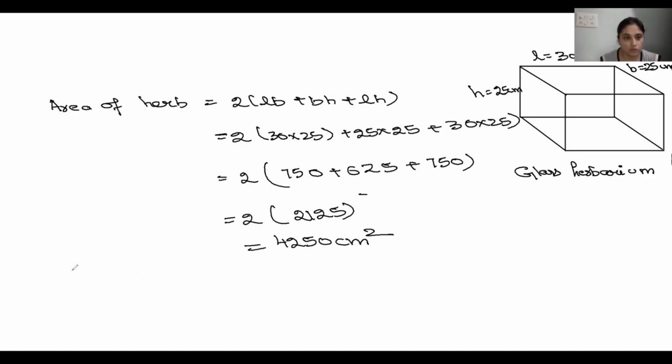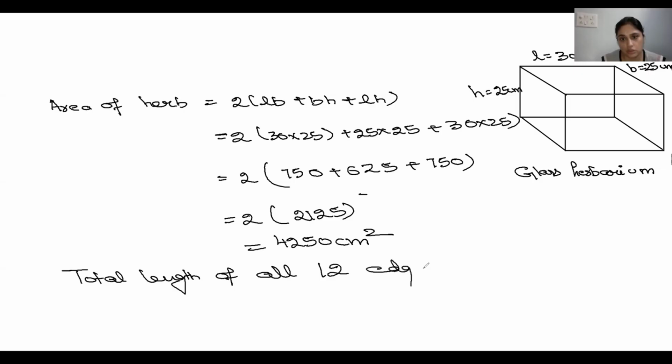So now for the second part, total length of all 12 edges, वो क्या हो जाएगी? 4L plus 4B plus 4H.